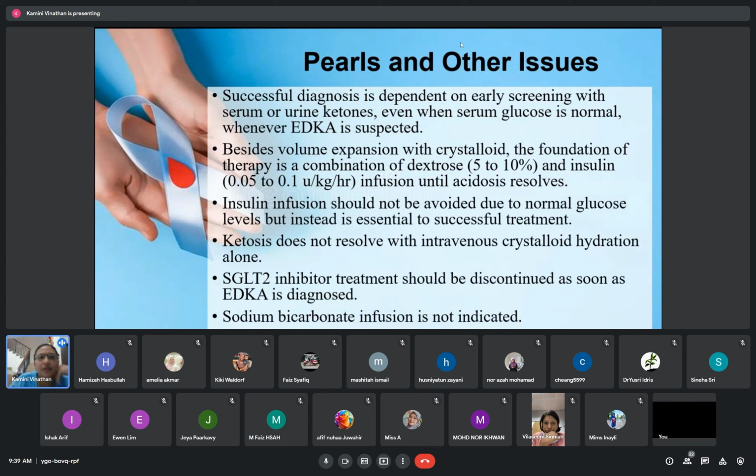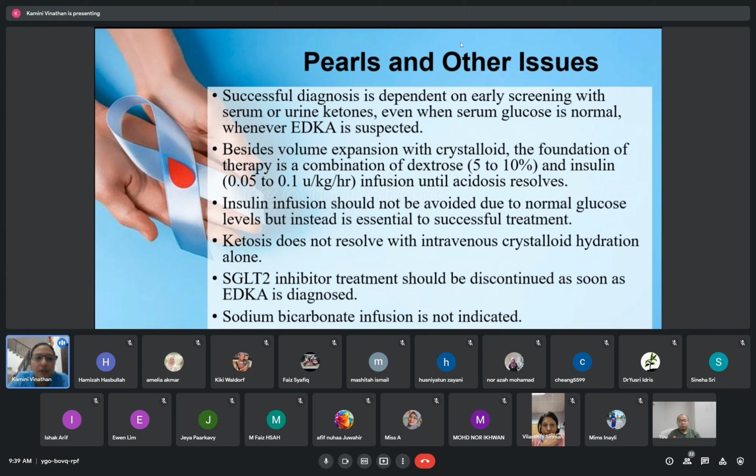SOPs and other issues. Successful diagnosis depends on early screening with serum or urine ketones, even if the serum glucose is normal, whenever euglycemic DKA is suspected. Besides volume expansion with crystalloids, the foundation of therapy is a combination of dextrose 5% or 10% and insulin infusion until the acidosis resolves.